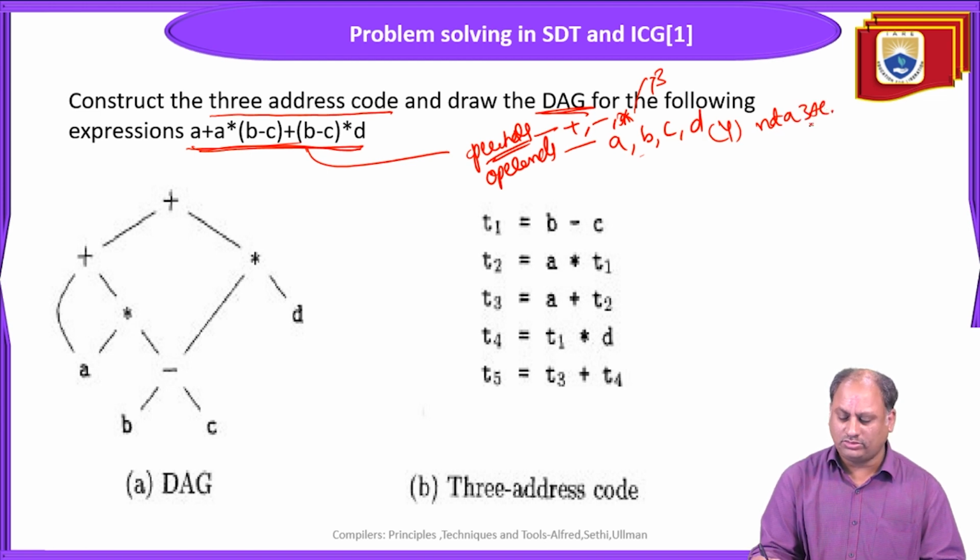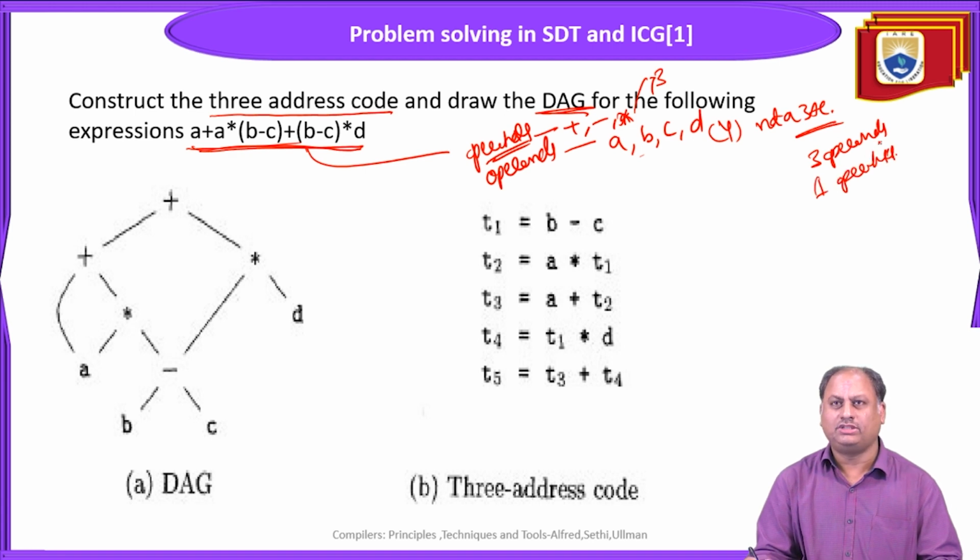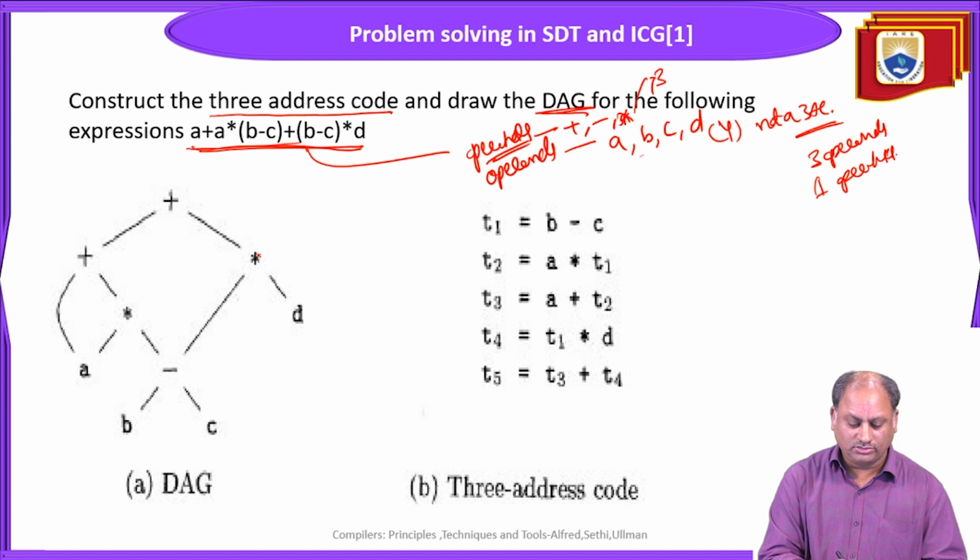3-address code represents at most 3 operands, and at least 1 operator is required. So this is the constraint for the 3-address code notation. In order to meet that requirement, we can have b minus c.